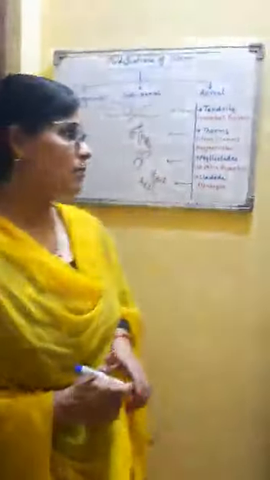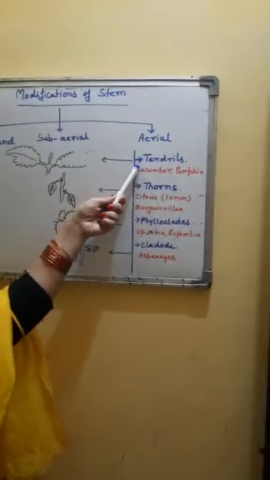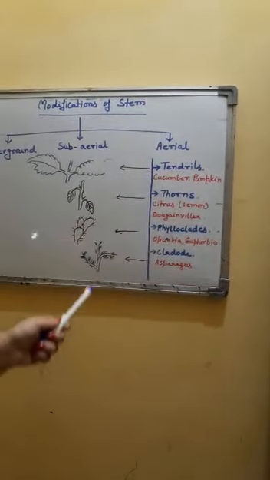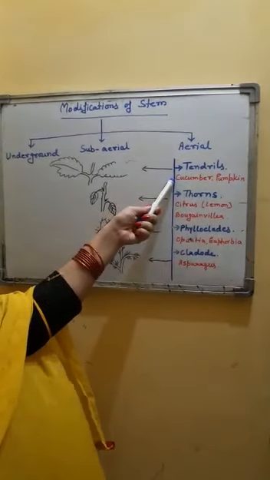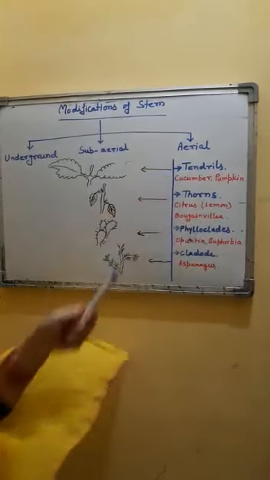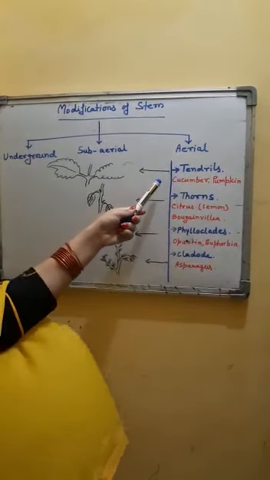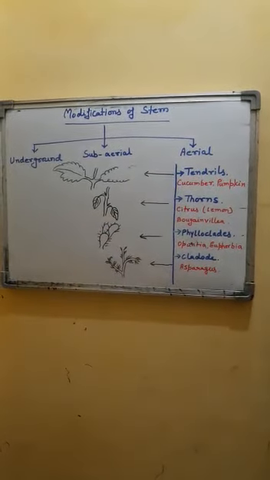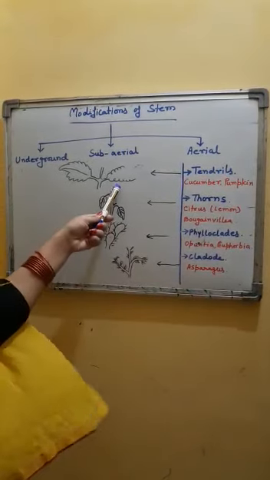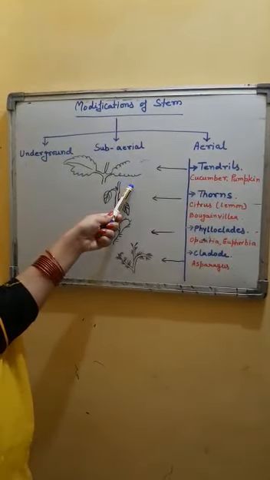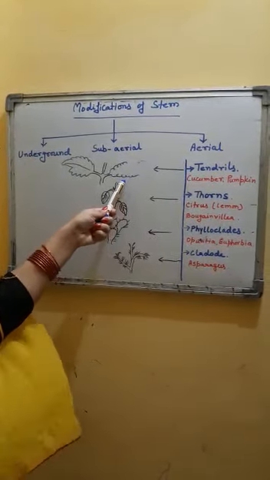The first example of such modification is called tendrils. Tendrils are present in creepers and climbers. Here, the axillary bud develops as a spirally coiled structure. It helps the plant to climb up.